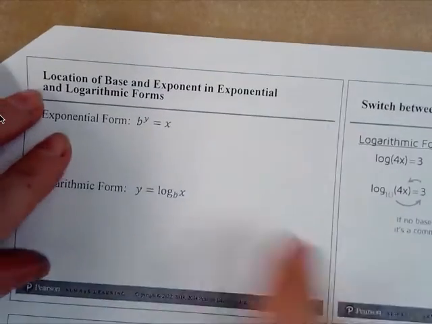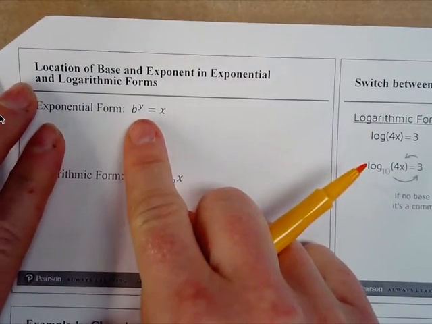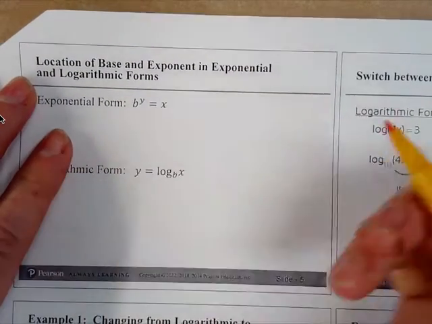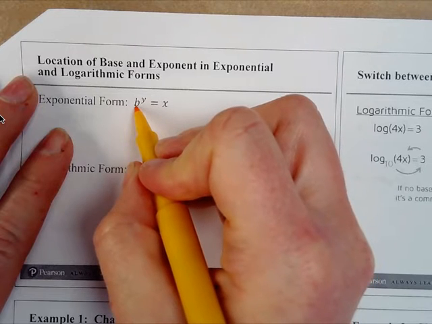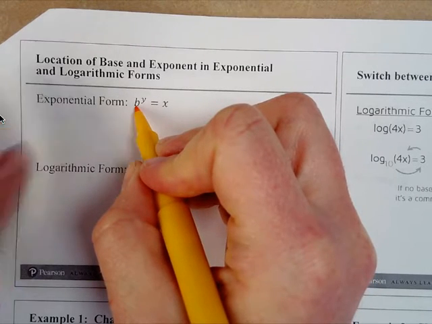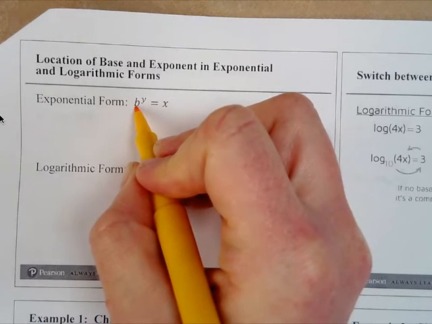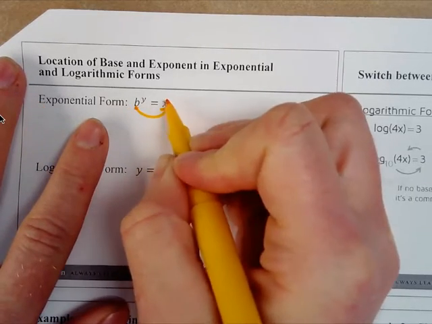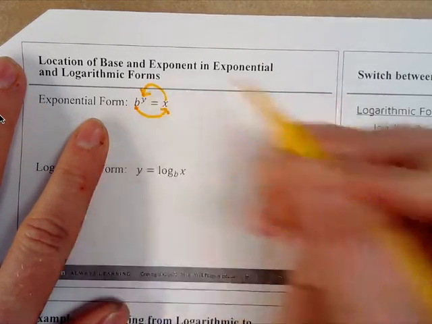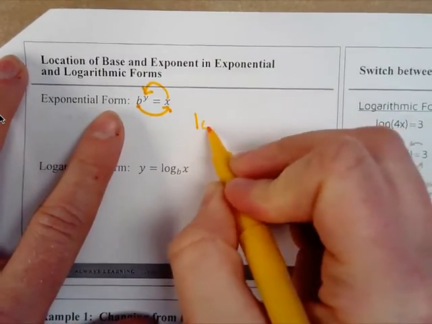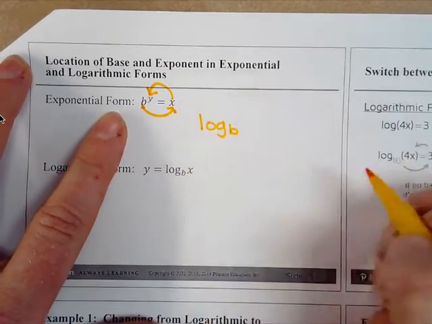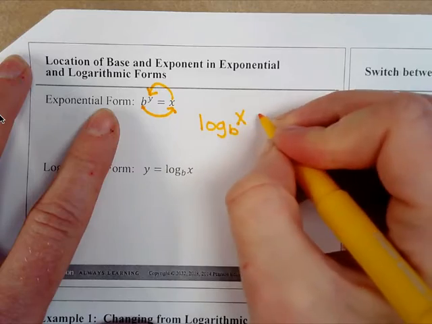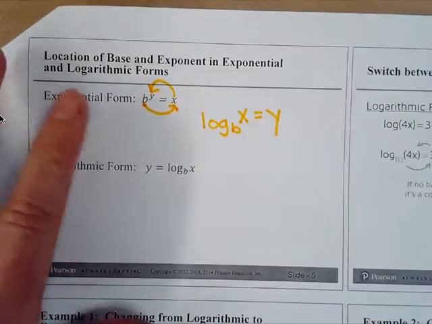Okay, so then let's say we have exponential form. We're going to convert it to log form. So we take our base, we're going to go to the x, and then from x to y. So this is log base b of x equals y.